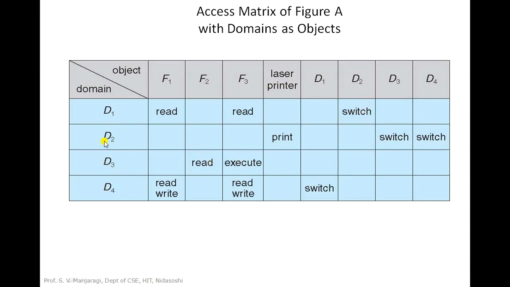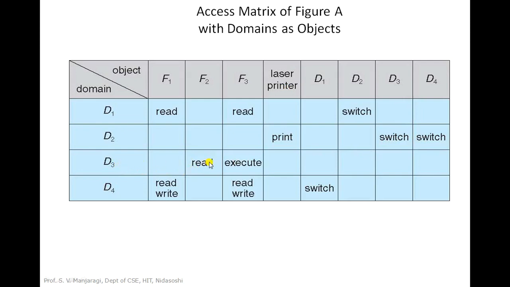Similarly, in the second row, for domain D2, there is a print operation set for the laser printer object. Processes of domain D2 can perform a print operation using the laser printer, and switching can also be done to domains D3 and D4.